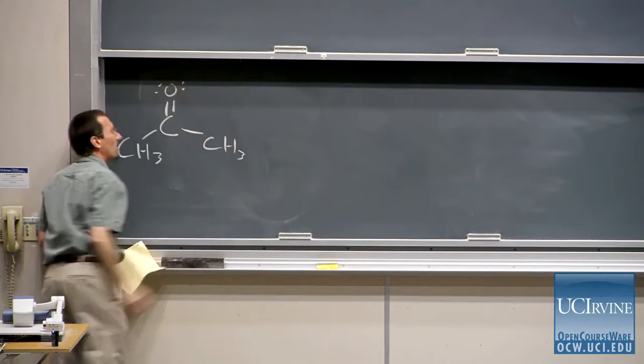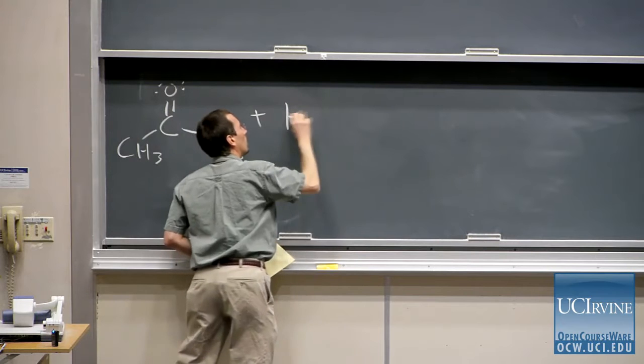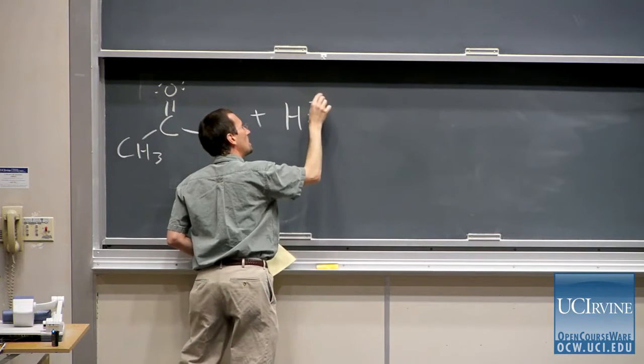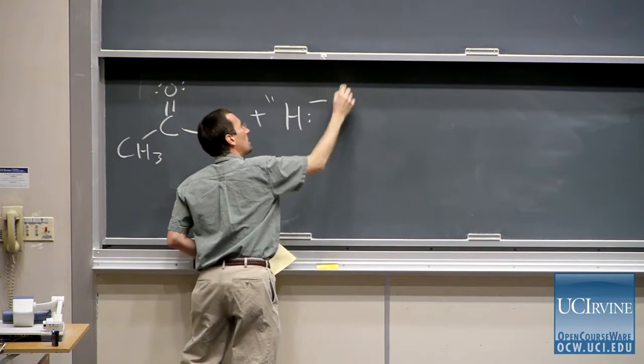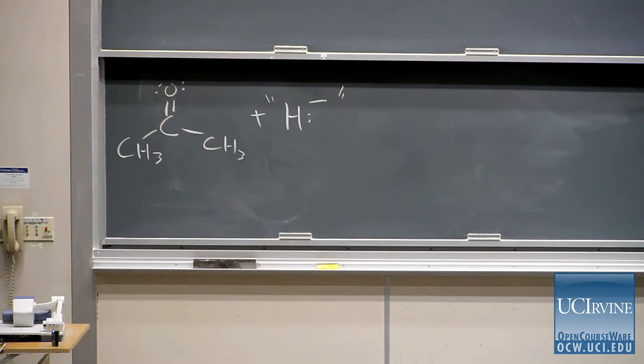And so the nucleophile that I'll draw is hydride. And I think I'm going to put it in quotes. The reason I'll put it in quotes is you essentially never have hydride as an entity.